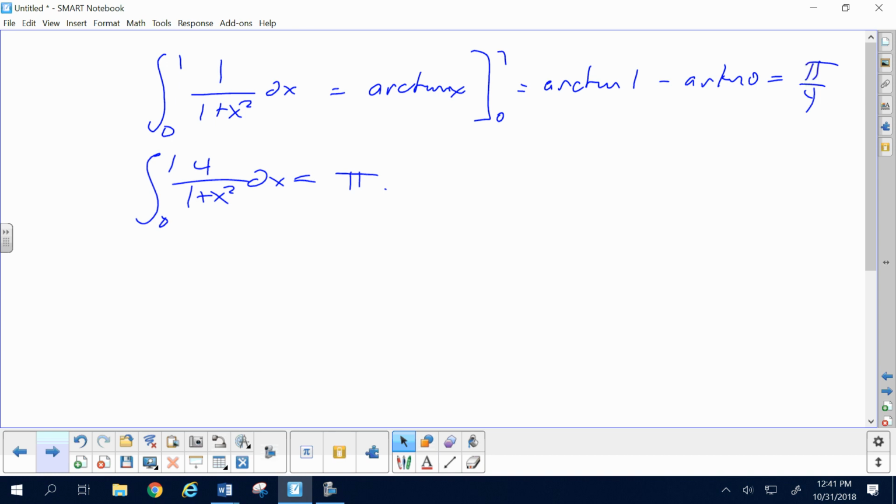There's a technique, but you would have to use your... X goes to infinity.